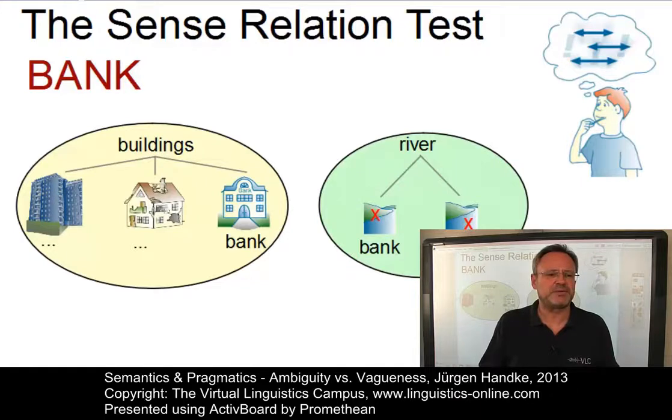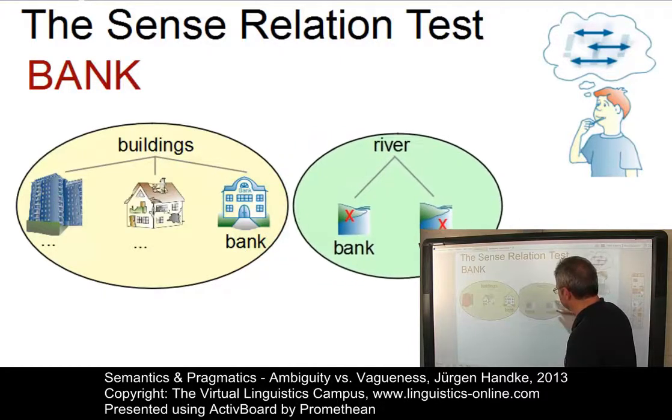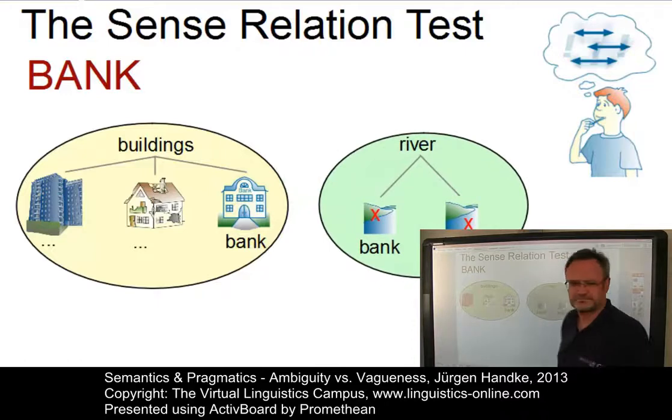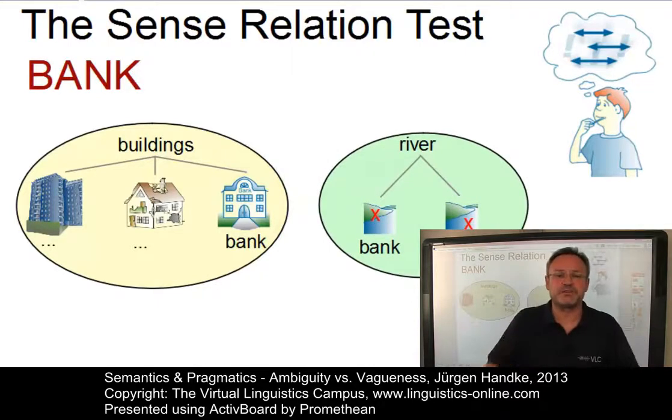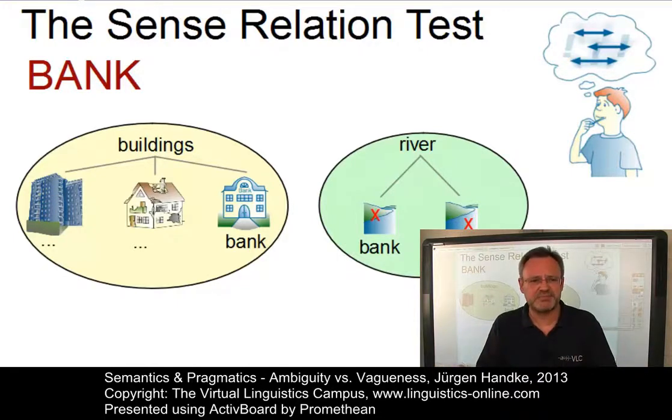And there is no overlap between these two sense relation networks. So this is clearly impossible, something like that. Thus we have a case of ambiguity, impossibility of overlap. In this case, lexical ambiguity, that is homonymy.